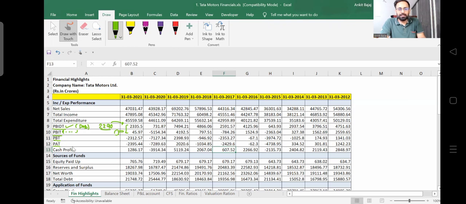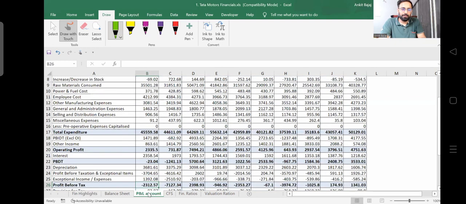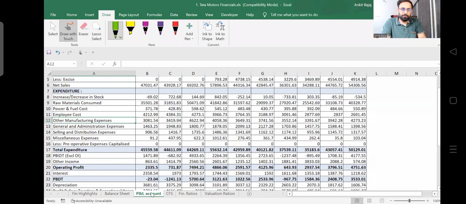Now, if I want to calculate cash profit, depreciation is a non-cash expenditure, right? So to find out cash profit, you will be adding back the depreciation, right? Now, there can be some other non-cash expenses. Let's suppose the company has created a provision, right? Otherwise, we have to check the schedules. Here it is difficult to find because we have to read the schedules.